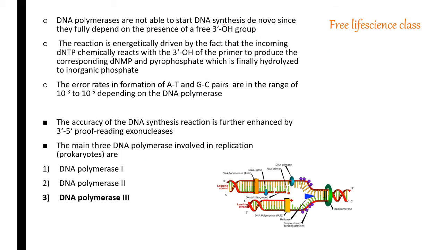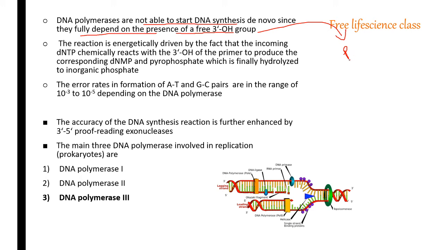So DNA polymerases cannot initiate DNA synthesis. They are not able to start DNA synthesis. They are fully dependent on the presence of a free 3' OH group. This will be provided by our primer.